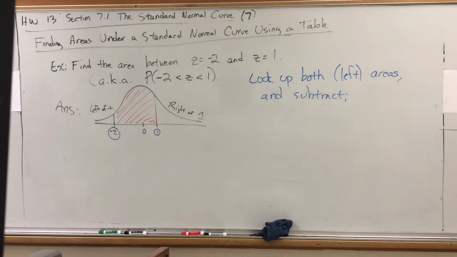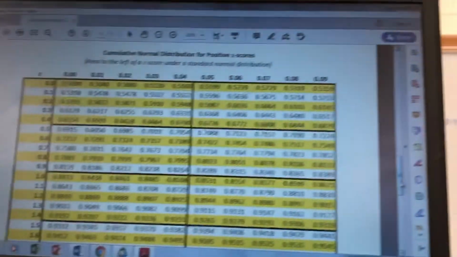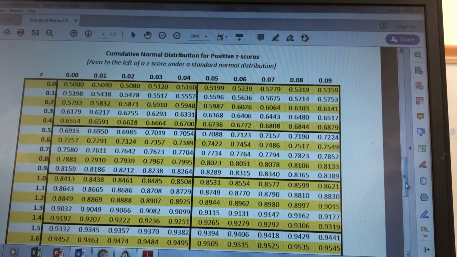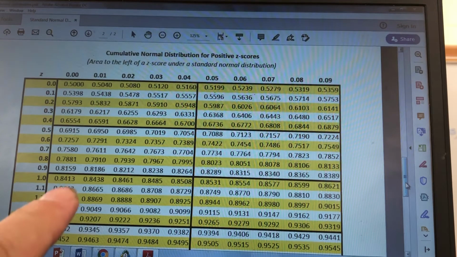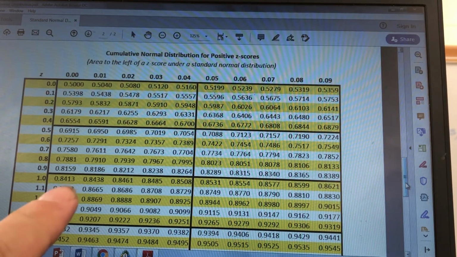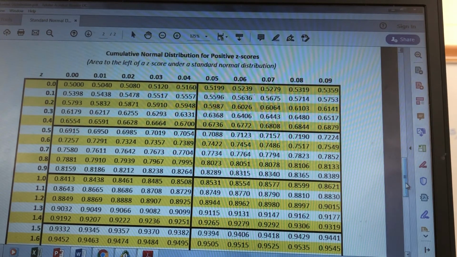Let's see. To the left of 1, 1.00 is right here, so 0.8413. Let me go write that down. 0.8413 minus, now let's look at the area to the left of -2.